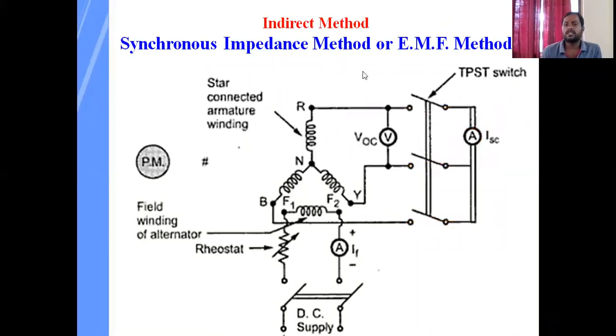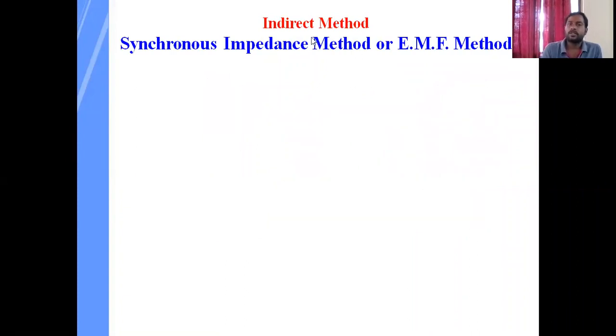Before the OC and SC tests, let us discuss how to find the armature resistance. The armature resistance RA is found by using the DC test.